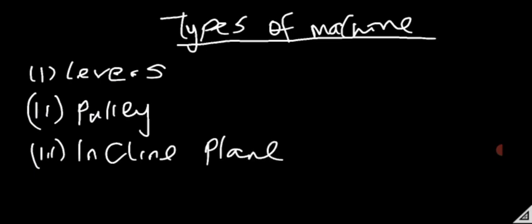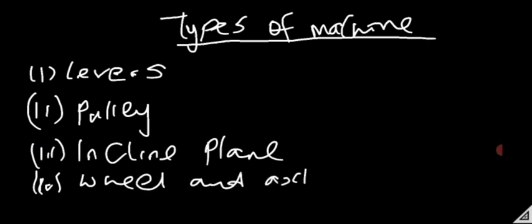After inclined plane, number four, we'll talk about wheel and axle. Number five, after wheel and axle, we'll talk about screw.